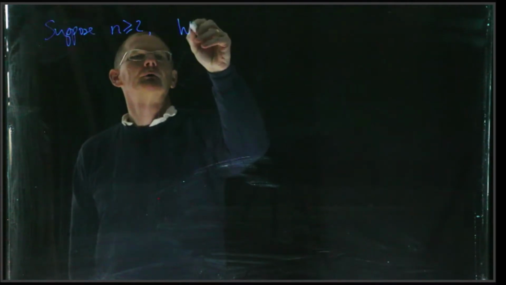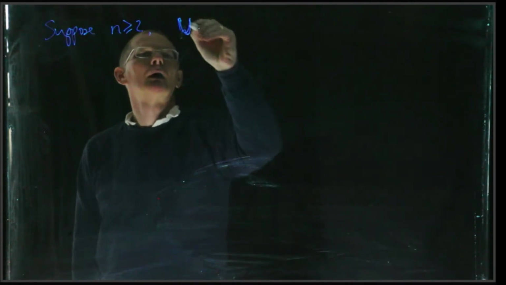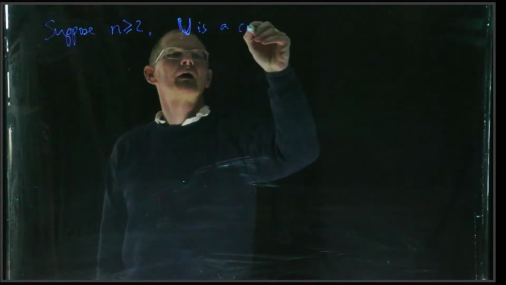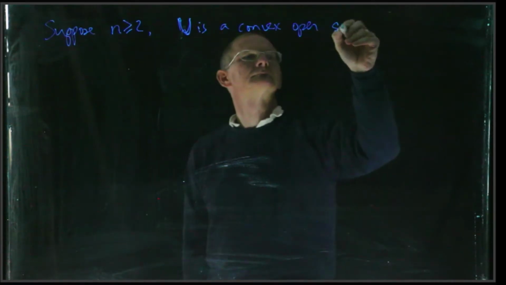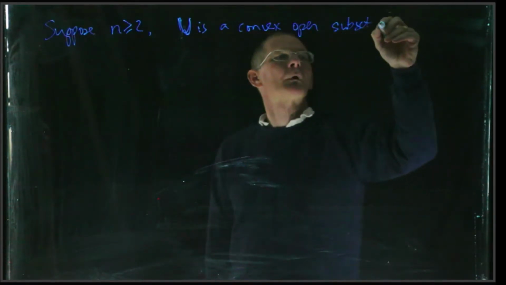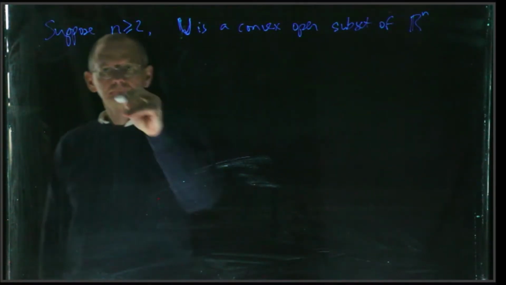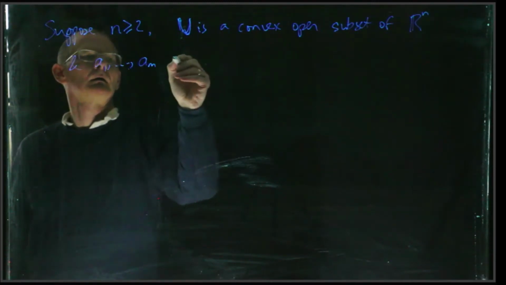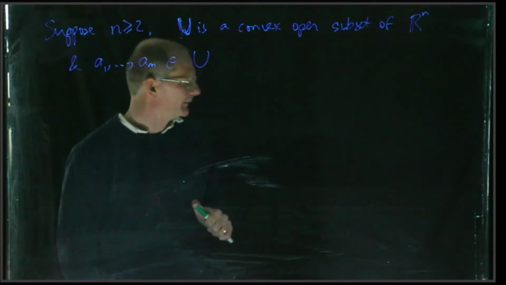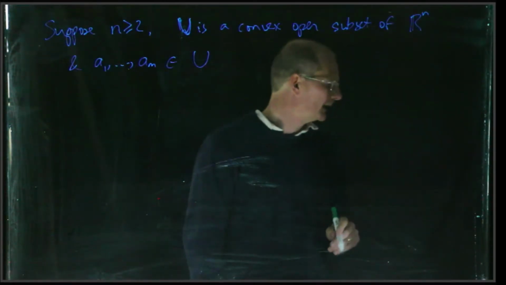Let's call it U. U is a convex open subset of R^n. And then we've got some distinct points a1 up to am in U.